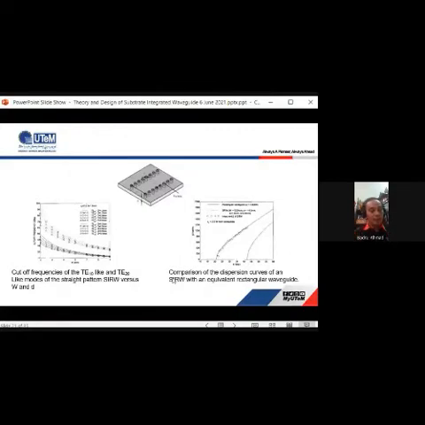Empirical equations are derived from the calculated dispersion curve in order to estimate the cutoff frequency of the first two modes of the SIW. To validate this analysis, the results were fabricated and measured, and the experimental and theoretical results are shown in the picture in front of you. Okay, next.